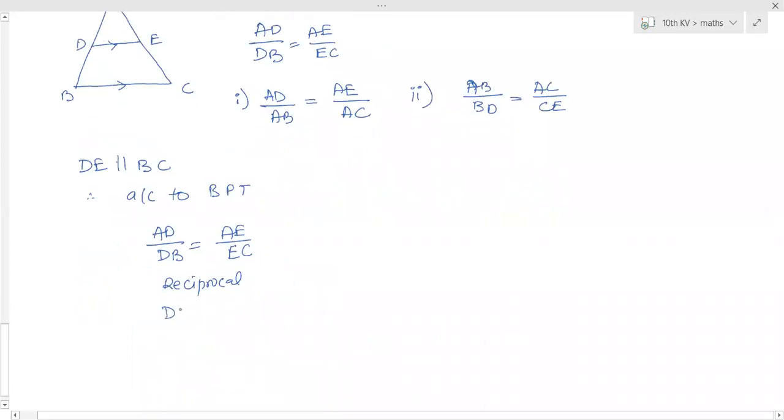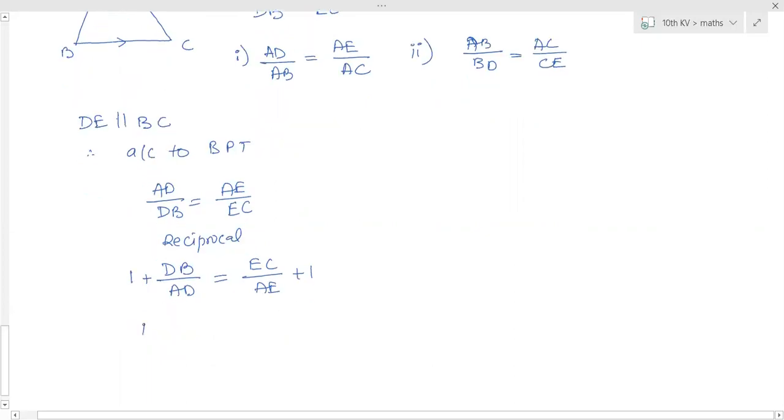Taking the reciprocal, we get DB by AD equal to EC by AE. Now add 1 on both sides. We get AD plus DB by AD equal to EC plus AE by AE.